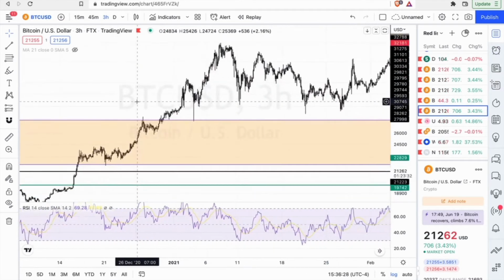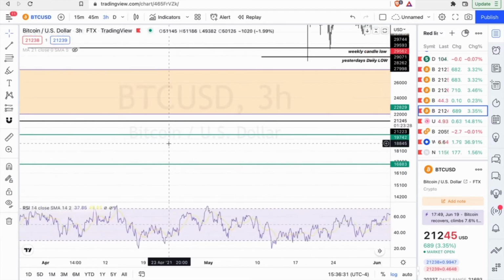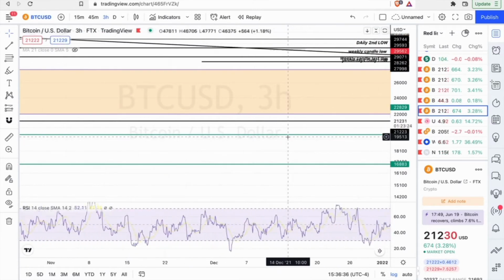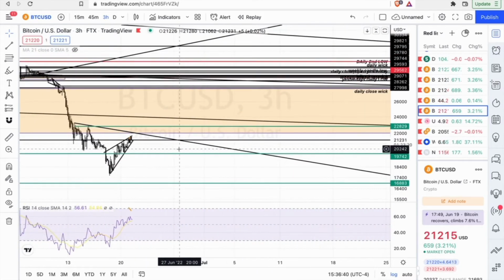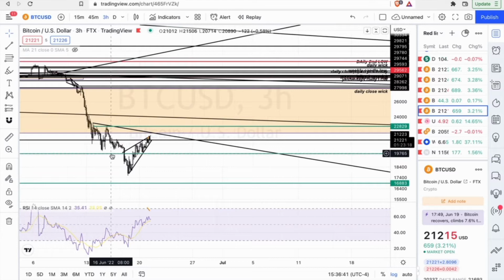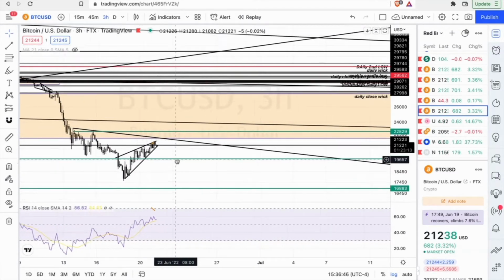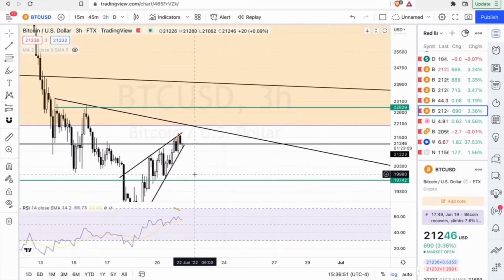People never thought Bitcoin would come down to this price level, and it's testing 20K through 17K. First time ever. But for right now, that 19.7 area, the all-time high, is now acting as support, right? So Bitcoin is back above its last all-time high.